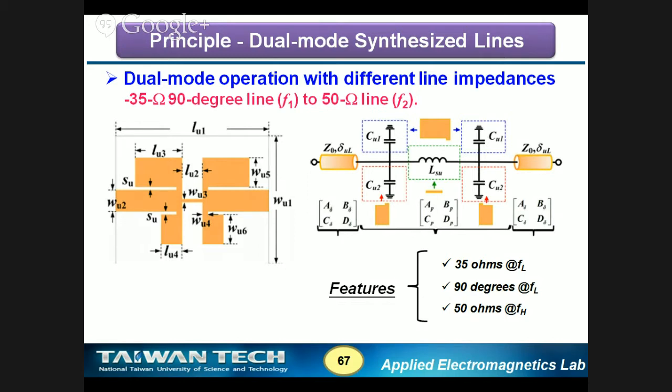Now think about the case: we have a circuit topology with three unknowns and three equations, so we can solve it uniquely.